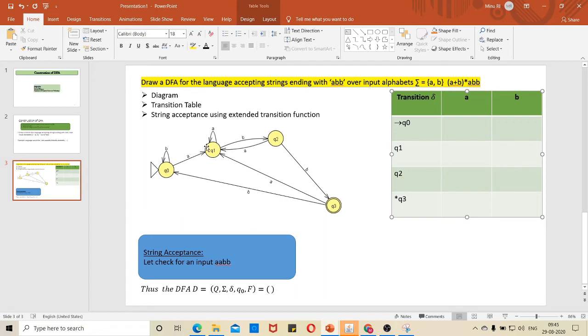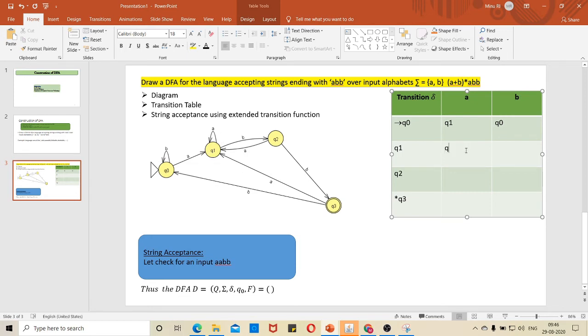Okay, now we have only 2 inputs, A and B. In the Q0 state, if the input is A, it goes to Q1. So, specify over here Q1. In Q0 state, if the input is B, it will be in the Q0 state itself. So, make it as Q0. Again for Q1, when your input is A, it will be in the same state only.